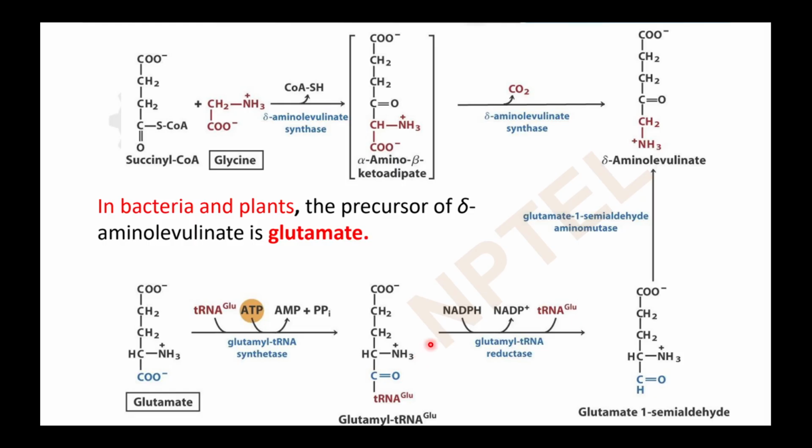And then glutamyl tRNA is reduced to glutamate 1 semialdehyde, and then glutamate 1 semialdehyde is converted to delta ALA by glutamate 1 semialdehyde aminomutase. Glutamyl tRNA to glutamate 1 semialdehyde is carried out by the enzyme glutamyl tRNA reductase, where one NADPH molecule is oxidized to NADP plus. Okay, I hope this is clear.